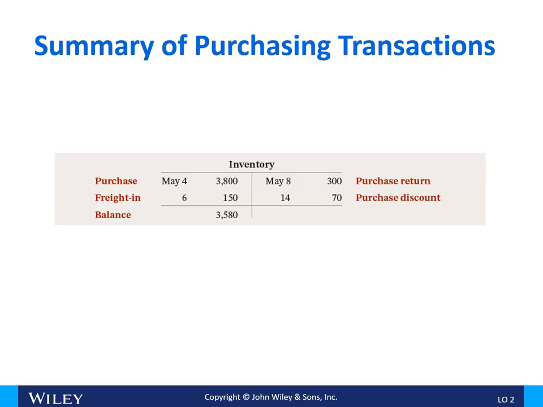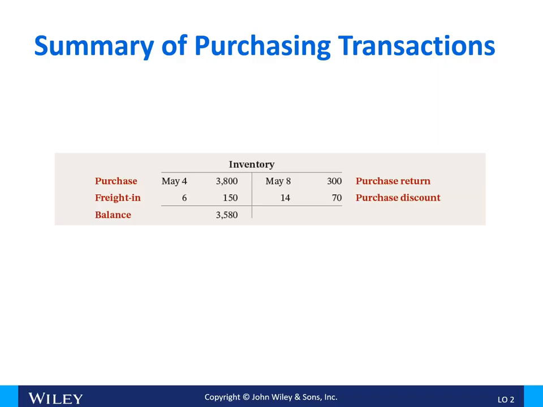So inventory. We learned about this new account and saw some transactions in here. If we look at everything related to this one purchase, we made a purchase on May 4th, so we debited inventory $3,800. On May 6th, we paid freight. We added that to inventory, remember? So we debited inventory. On May 8th, we had a return, so we reduced our inventory by $300.